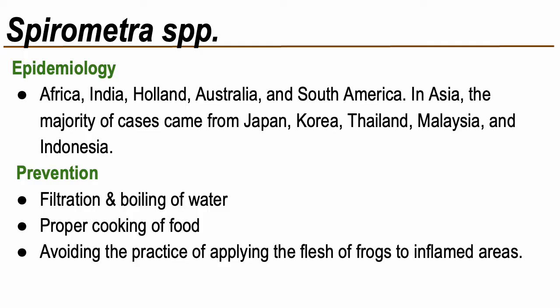Normally, this is what we call poultices. Okay, this is like applying fresh tilapia skin to inflamed, burnt areas to increase collagen production. So this practice should be avoided, especially in water areas where infection of sparganosis is prevalent.